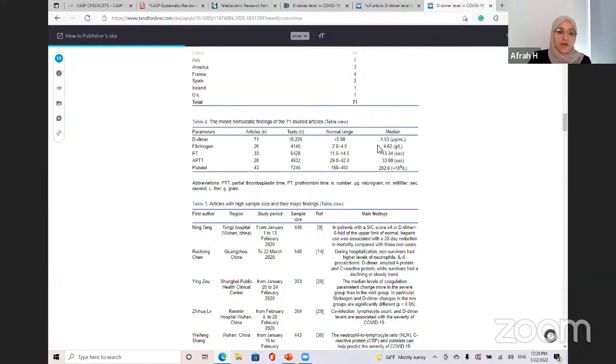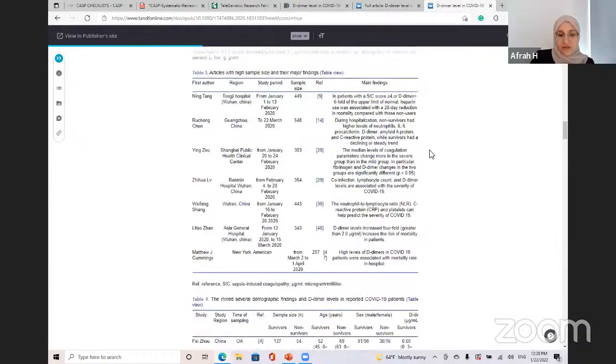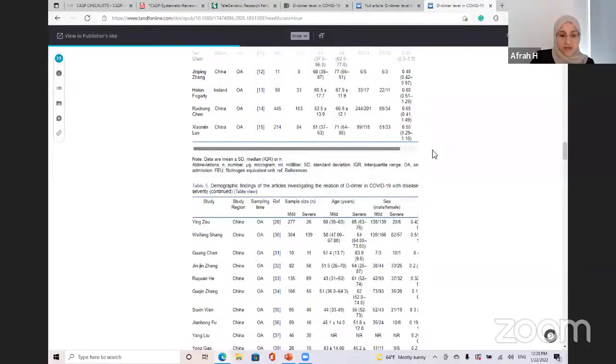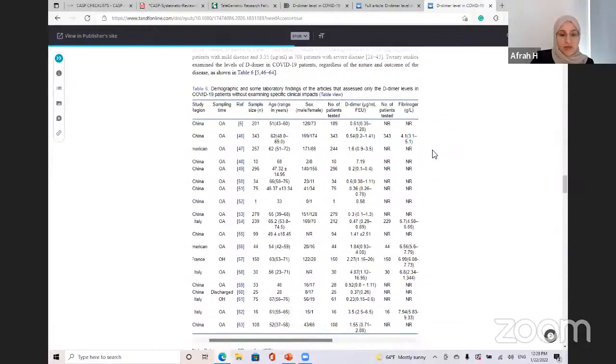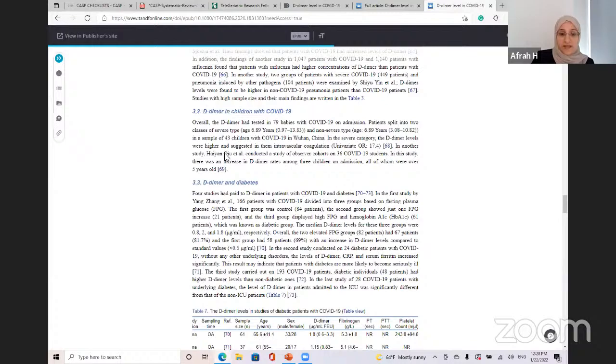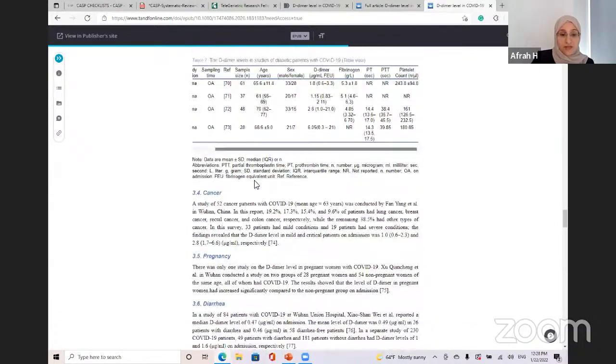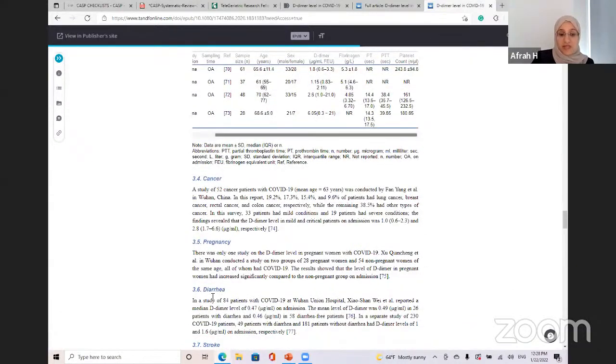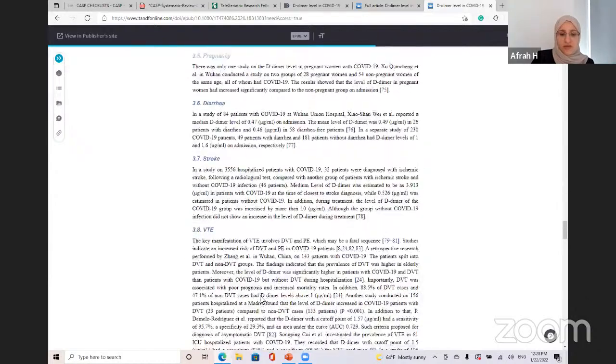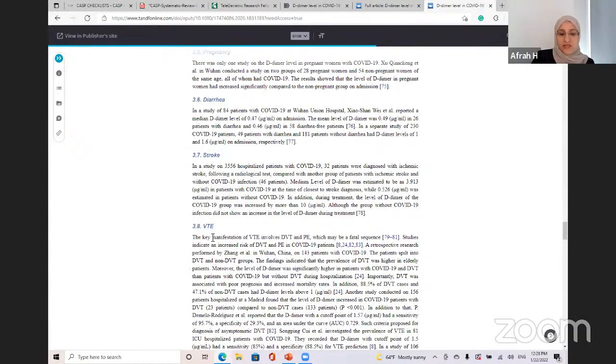So they combined all articles, 71 articles, and the median D-dimer in the 71 articles was 1.53. But if we see the study population, they were children, diabetes patients, cancer patients, pregnancy, patients with diarrhea, patients with stroke, patients with VTE.